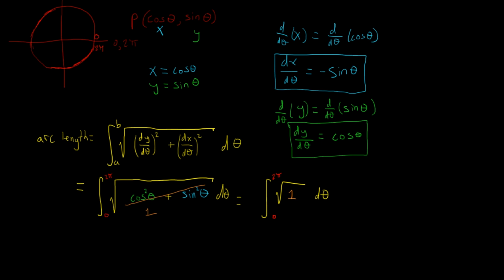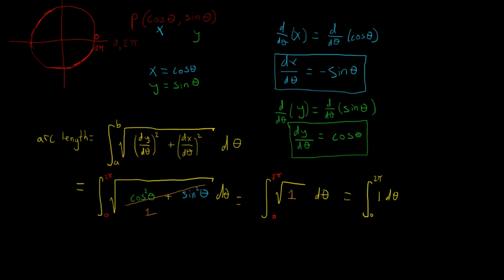Root 1 is just going to be 1. So this can be rewritten as the integral from 0 to 2 pi of 1, which you don't really write, so it could just be d theta, or it could just be a 1 there. I usually like to keep the 1 because it helps me visualize it a bit better.